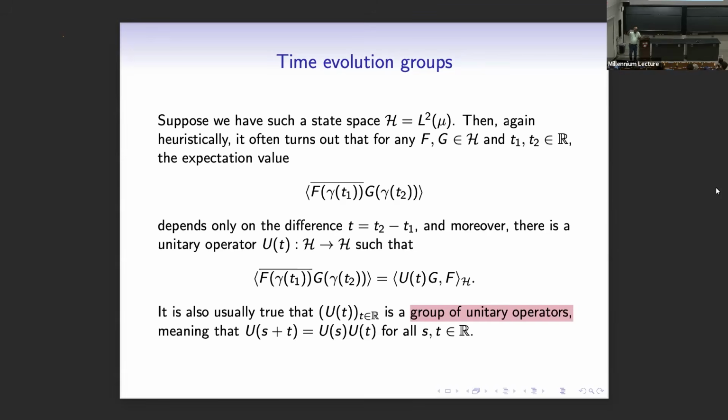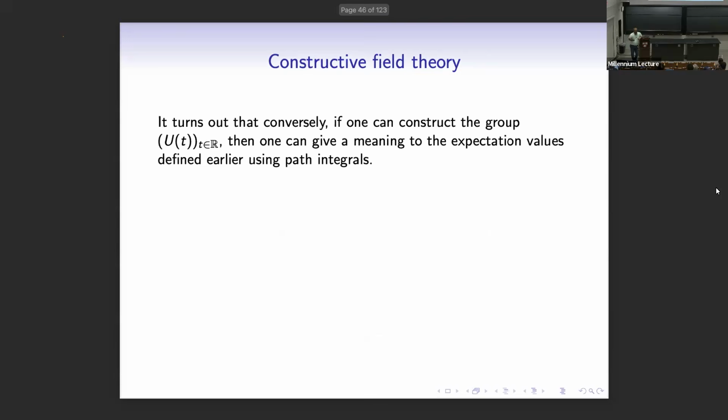So I'm just telling you that given this path integral, you can recover the unitary operator from that. And it also turns out conversely that if one can construct this group of unitary operators on this Hilbert space, then one can give a meaning to the expectation values defined using path integrals. So that's the other direction. So you can start from any direction and go to the other one.